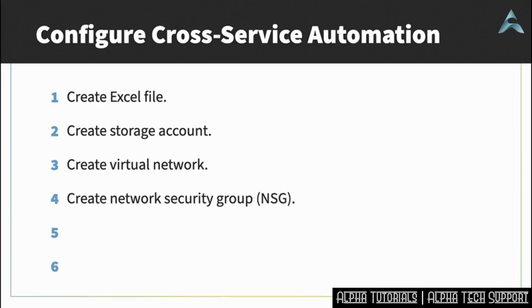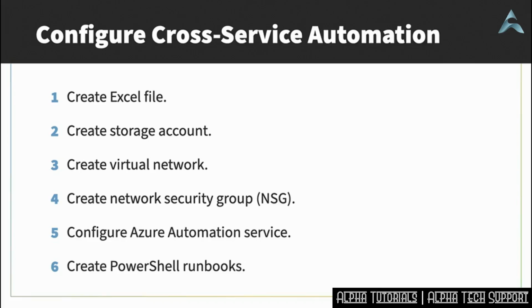After that is completed, we will configure the Azure Automation service, where we will first create a service principal. Then we will create credentials within the automation service, create variables within the automation service, and import the required modules.